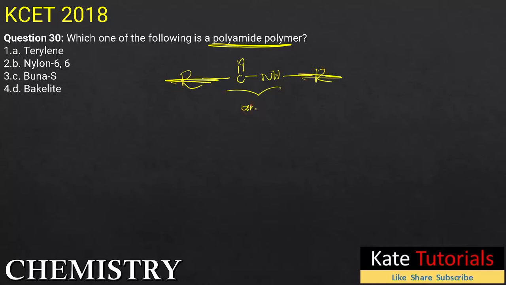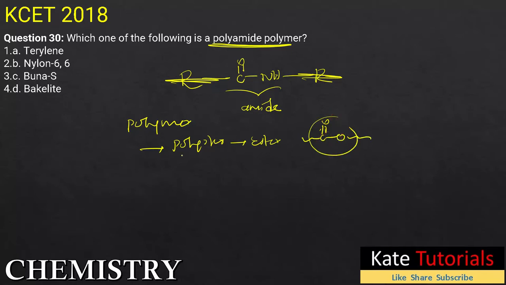In the polymer chapter we will learn about polyesters, which have an ester linkage, that is chain here, C double bond O like this, and the chain continues. Such polymers we call polyesters. In that we will discuss terylene and glyptal.